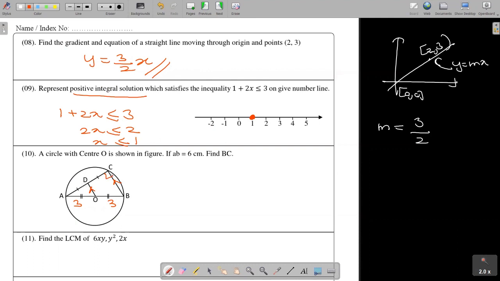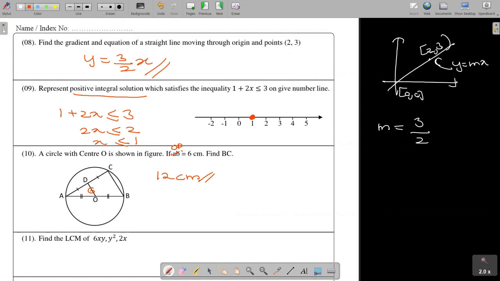Midpoint theorem. AB is 6. So there is a mistake here. This should be OD 6. Printing mistake in my paper, right? Not in your paper. This is 6. BC is just 12, no? Midpoint theorem. So that should be corrected.